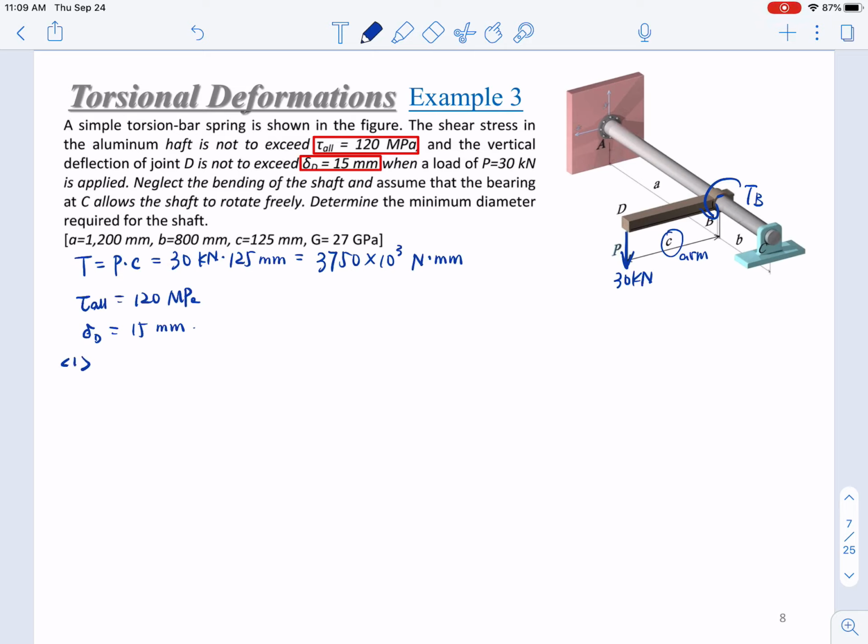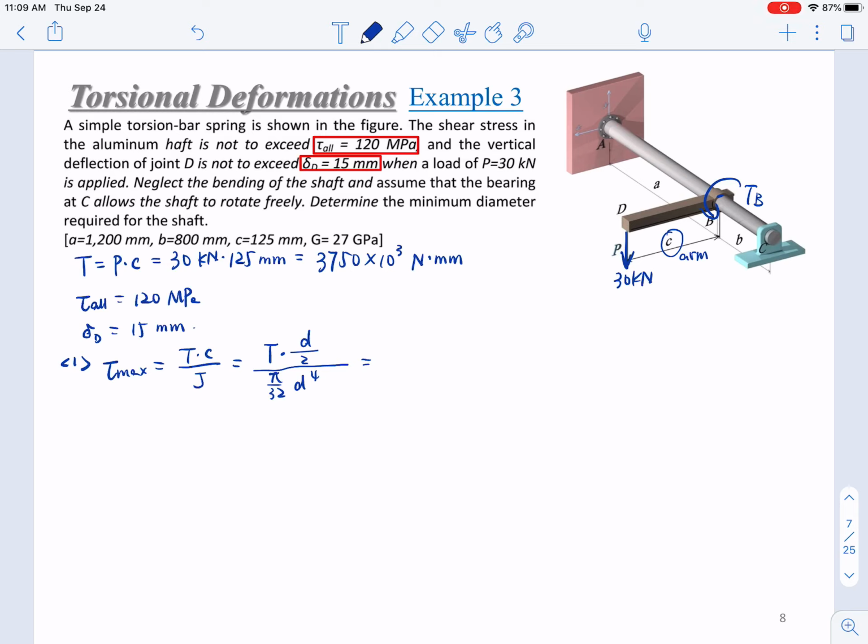The first criterion is tau max equals Tc over J. That is T, and what is the C? The maximum distance from the point of concern to the centroid. That is half D, so half D over pi over 32 D to the fourth.